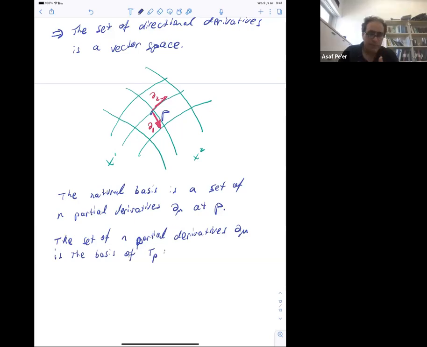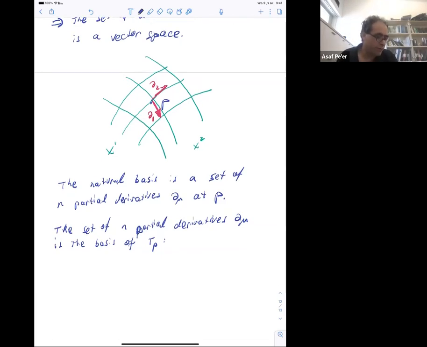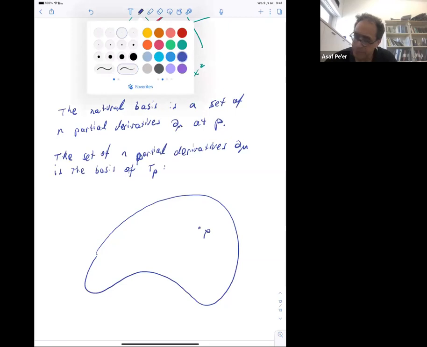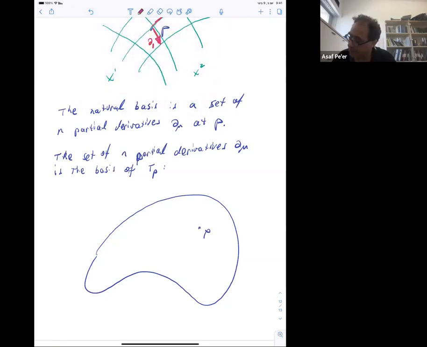In order to show that this is a basis, the simplest way is to show that any directional derivative can be decomposed into a sum of real numbers times the partial derivatives. But this is just what we've seen as the expression of the components of a vector. So again, if we have an n-dimensional manifold, I have a point P, and I have a curve, gamma.